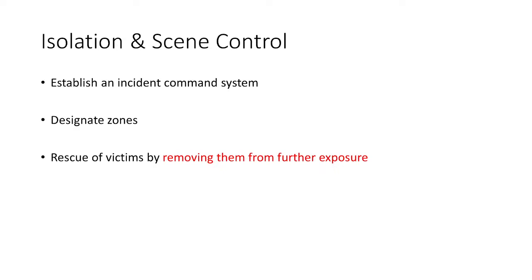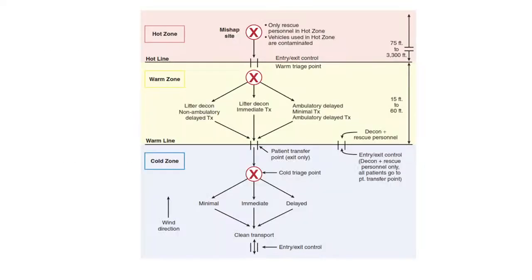The most important thing in any disaster is to protect the people and move the affected people from the epicenter to a safer zone. So extrication or removal of people from the exposure is most important. These are the three zones. One is the epicenter, called the hot zone.